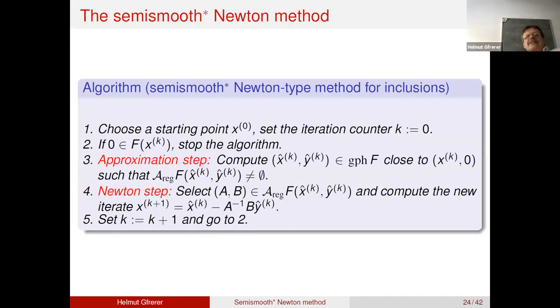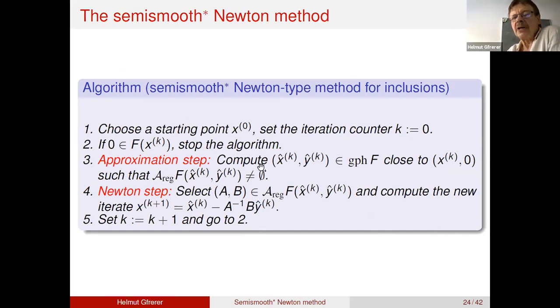This is the outline of the semismooth Newton method for solving inclusions. Choose a starting point x0, set the iteration counter k equal to 0. If the point xk is a solution, stop the algorithm.